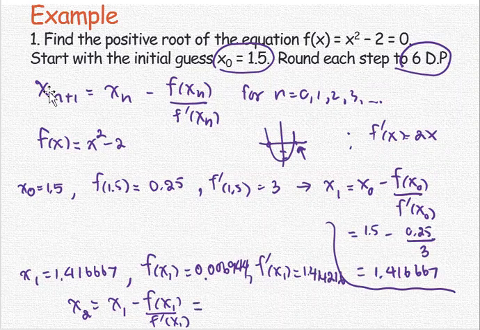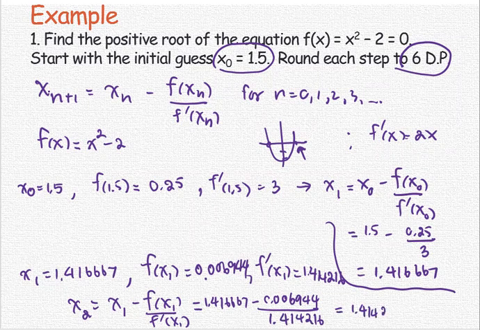Plug it into the formula for x2 as 1.416667 minus 0.006944 divided by 2.833333, which gives us the value 1.414216. And keep doing the same way to get the next approximation, which is x3.